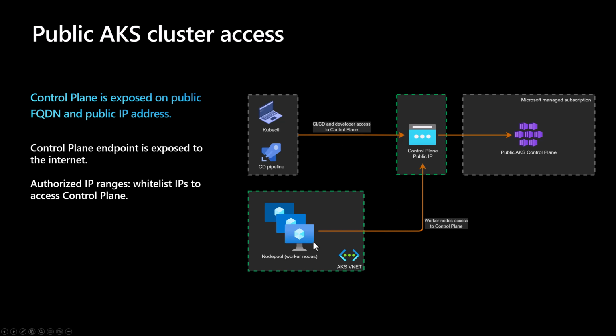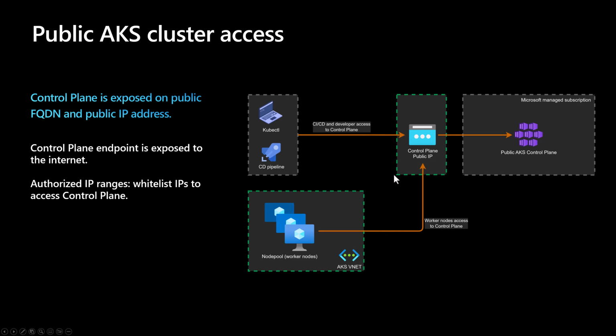And also the worker nodes will be accessing that control plane through a public IP, so that traffic will go through the internet. The issue here for some organizations that require very restrictive security rules is that they have a public endpoint exposed over the internet that might be attacked.